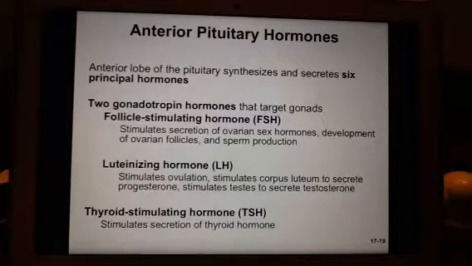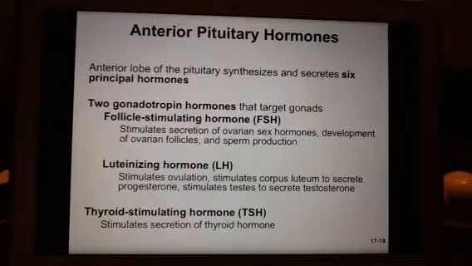Okay, so there's two gonadotropin hormones. That just is a category because they have to do with gonads or sex organs. And they are FSH, which is follicle stimulating hormone, and luteinizing hormone, or LH. I don't mind if you get comfortable with the abbreviations, as long as if you saw the whole word, you would know what that meant too.